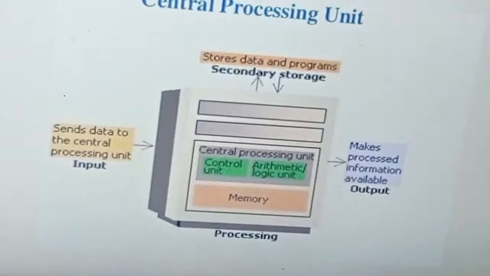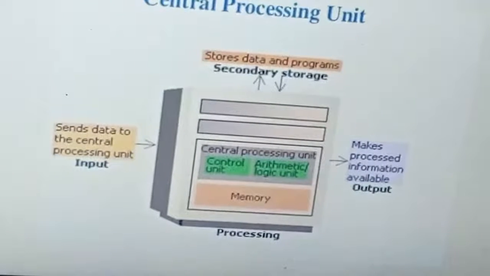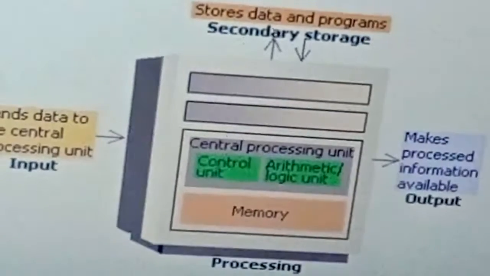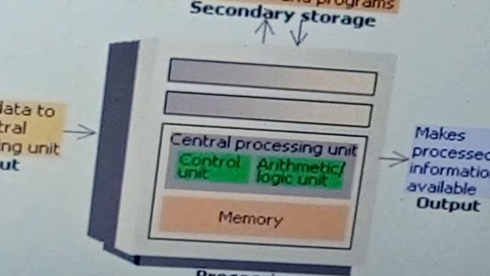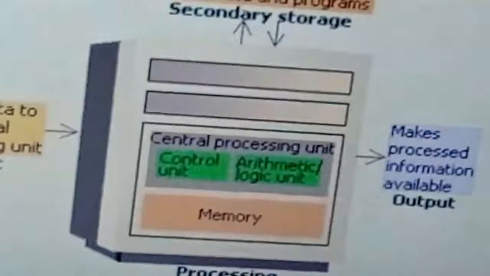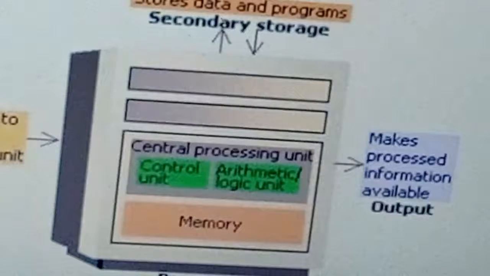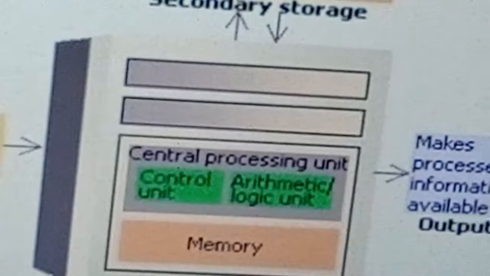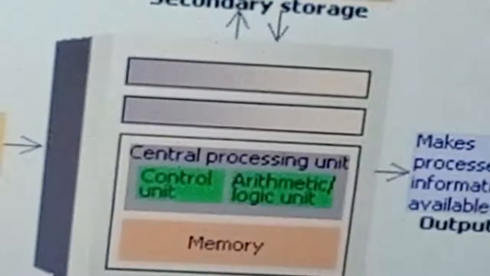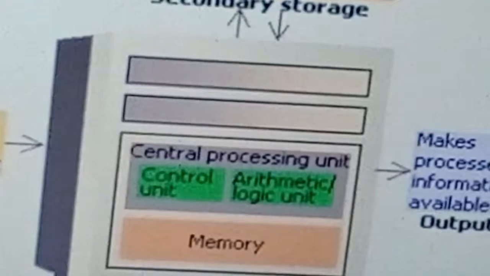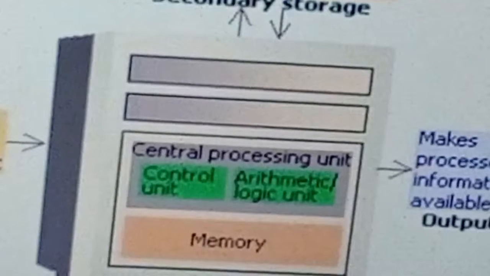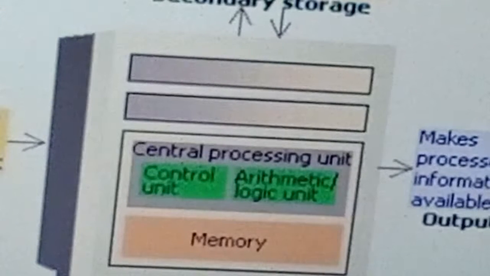Now coming to the memory. Here we have two types of memories: primary memory and secondary memory. Memory is the brain of a computer, which stores data and information for retrieval, just like our human brain.